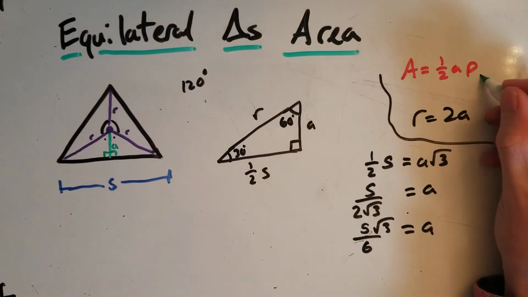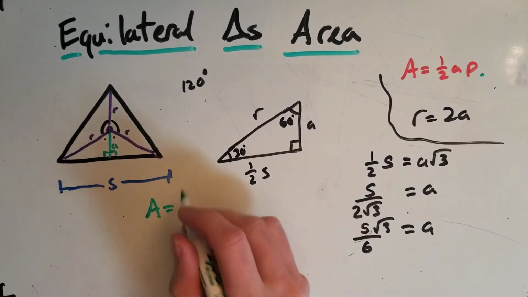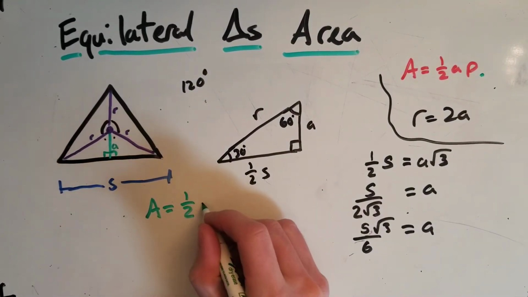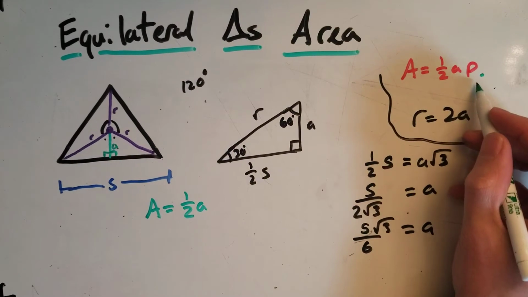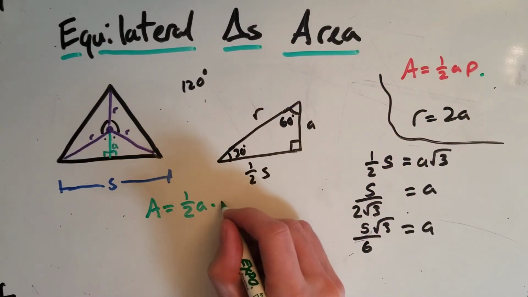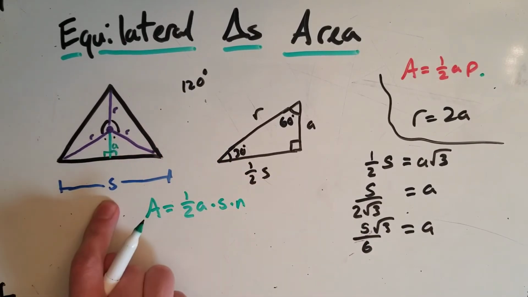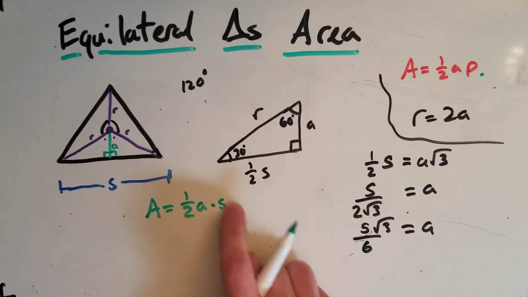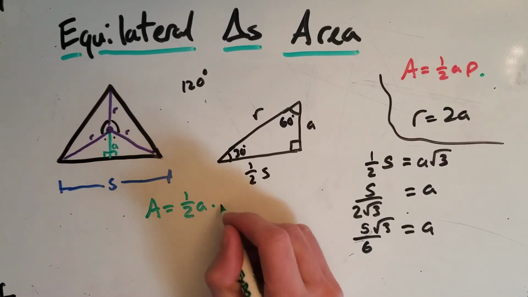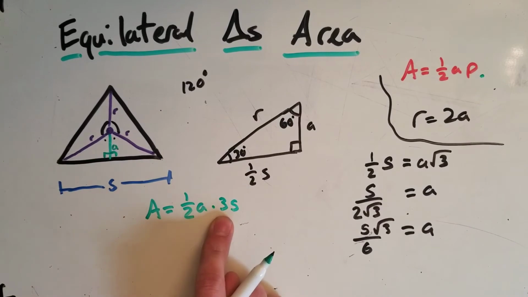So let's go back to this formula up here in red, and I'm going to bring it down here. The area would be 1/2 the apothem, and instead of perimeter, I'm going to write it as one of the sides times the number of sides. But the number of sides we actually know here, it's 3. So apothem times 3 times the side length, that would be the perimeter.